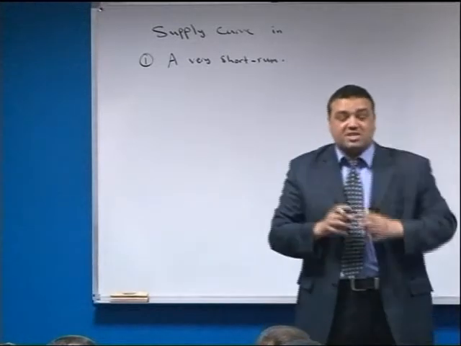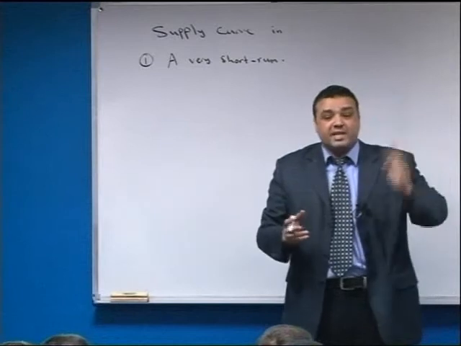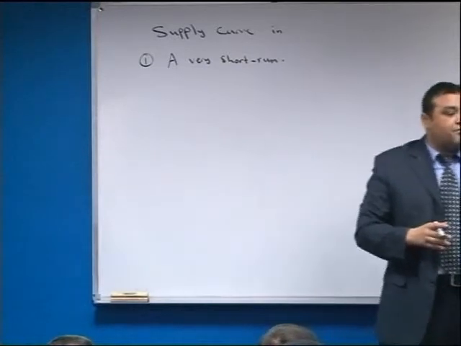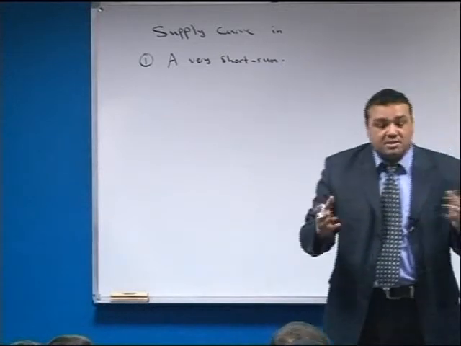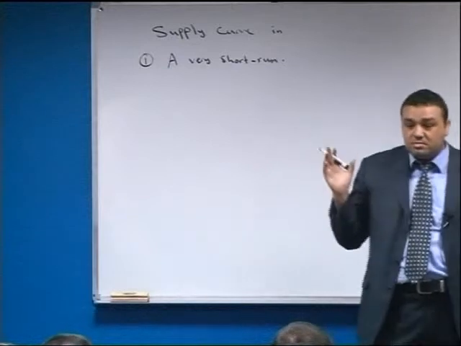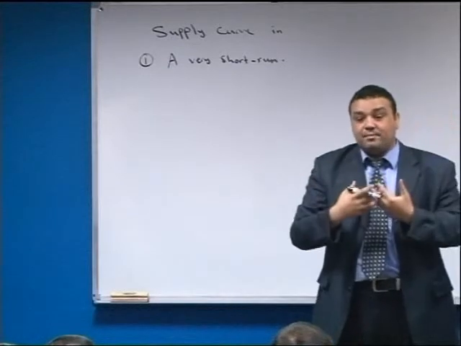The short run for the chicken farm may be 40 days, or 2 weeks. But the short run for a tractors factory may be 2 years. So it's not related to time.